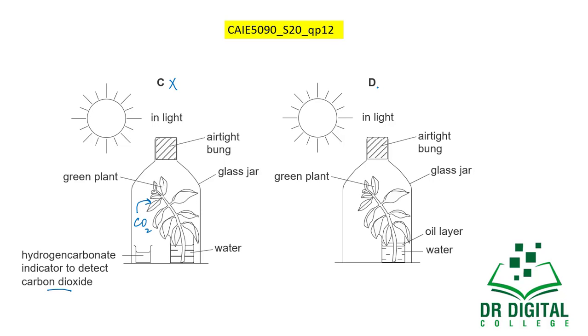In case of option D, it's exactly the same. An oil layer is added here which will inhibit the oxygen from being absorbed by the roots from the atmosphere inside this jar, but carbon dioxide is available to the leaves. Okay, so this is also not your experiment.